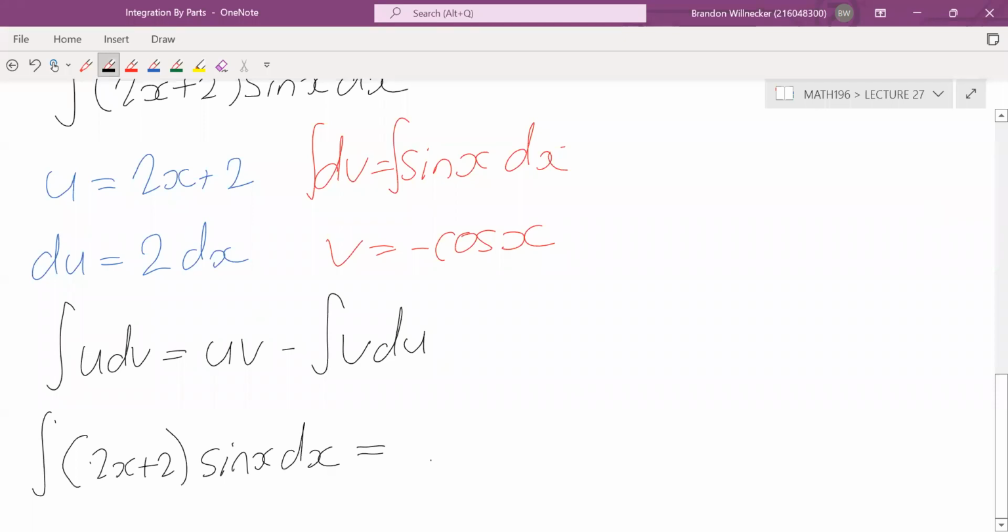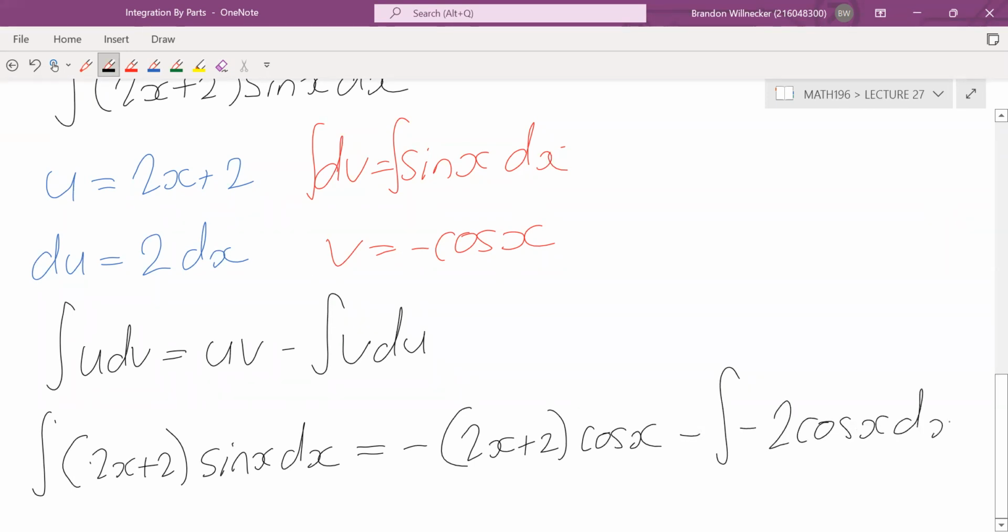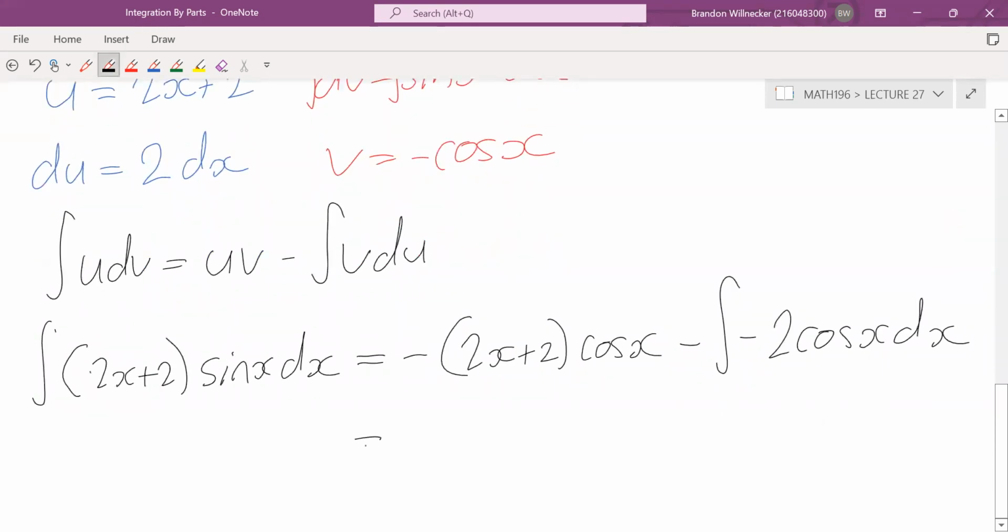U times v, that's going to be minus (2x plus 2) cos x, minus the integral of v du. That's going to be minus 2 cos x dx. So that's going to be minus (2x plus 2) cos x.